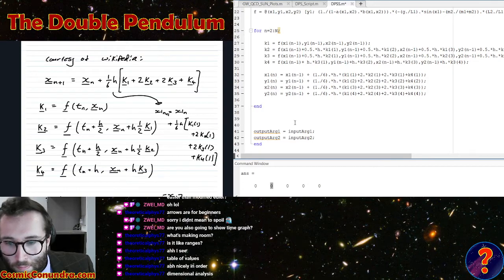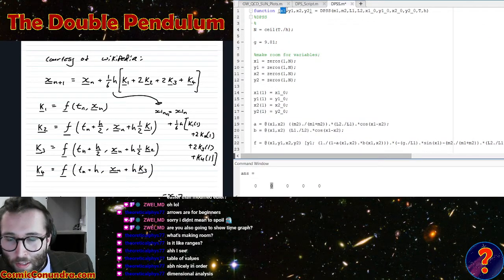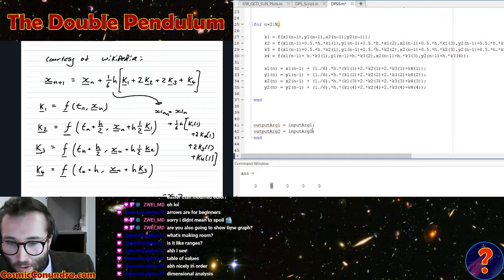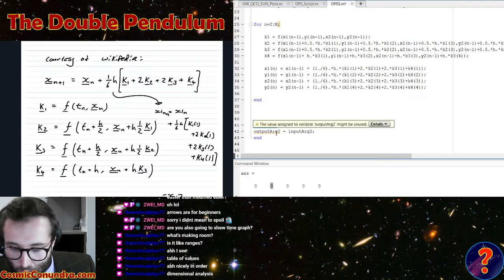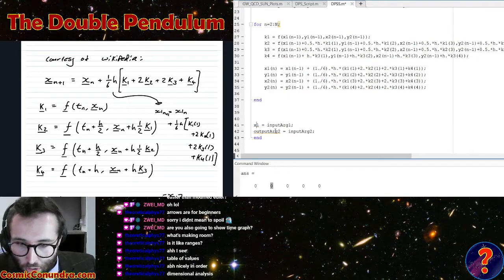Well, it's not quite it done. Now we have to specify the output argument. Remember, these are our output arguments, which we called x1, y1, x2, y2. Now I have to specify what these output arguments are.